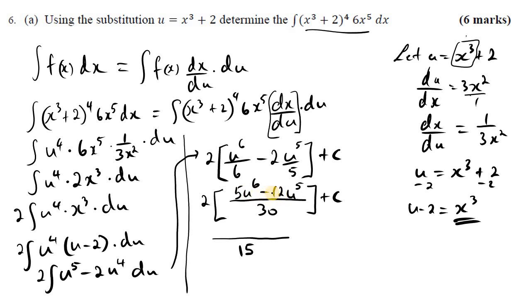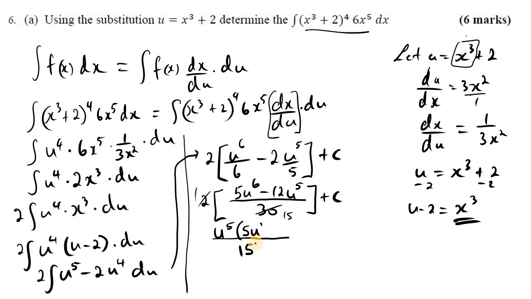And then we can write back what we have on top here. But what I'm going to do instead, let's see if we can actually factor out. So all we know is that the 2 cancels itself and 2 goes into 30 15 times. Now I'm going to simplify the top portion. I should say factor out the u to the 5th, because u to the 5th is in itself and u to the 5th is in u to the 6th, right? So factor out u to the 5th, and what I'm going to get here would be 5u.